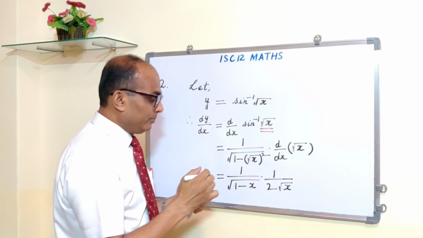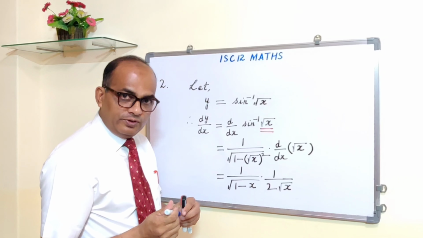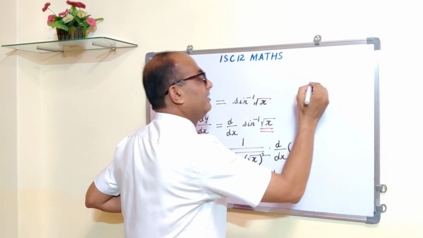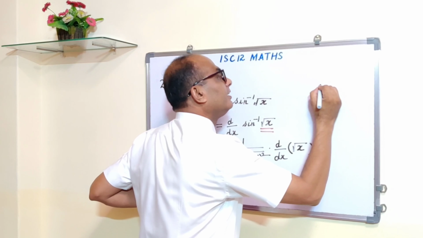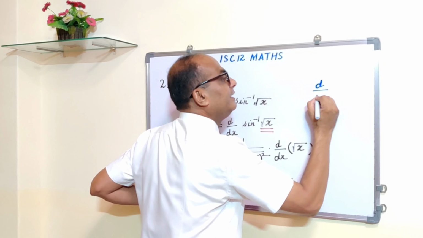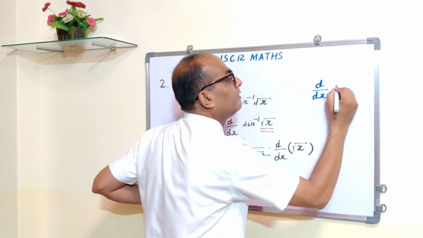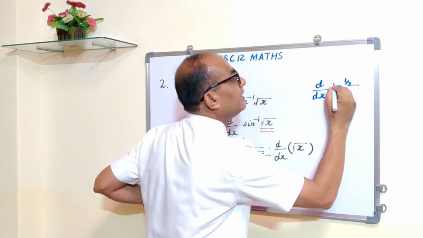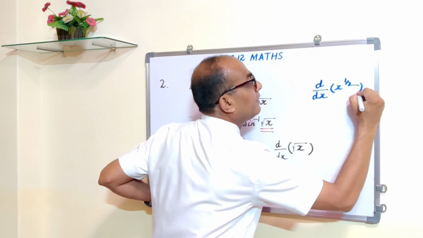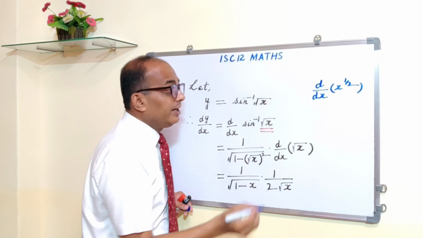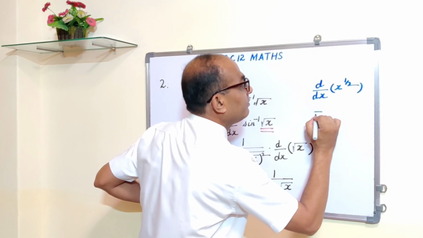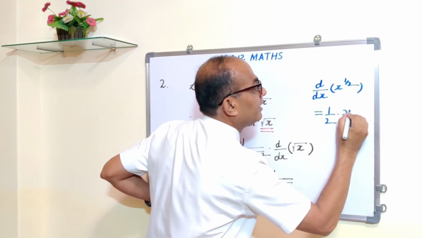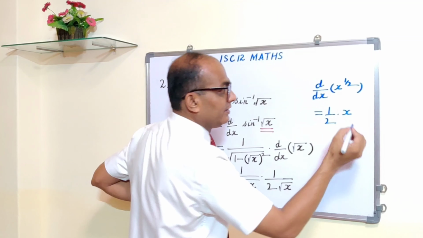Now I am explaining why 1 upon 2 root x. If you understood, fine. If you didn't, then please have a look. We can write d/dx of root x as d/dx of x raised to the power half, isn't it? Root x means x raised to the power half, and now we apply the formula of x raised to the power n, which is n times x raised to the power n minus 1, half minus 1.